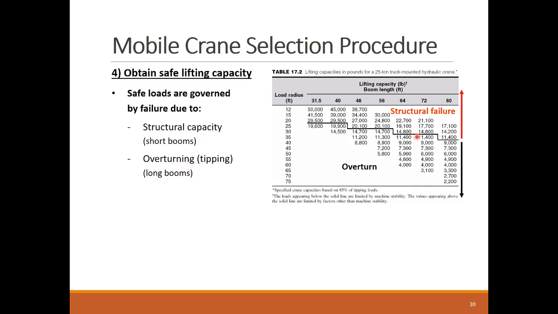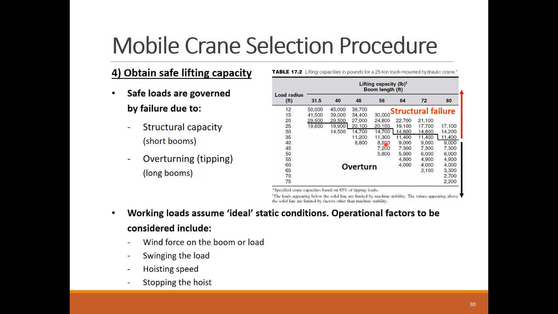This shown table differentiates the 2 failure types using a bold line, so the crane operator can understand the potential failure type limiting the lifting capacity. The shown capacities are for ideal conditions, and the operator should consider applying adjustment factors to account for adverse work conditions like wind and the dynamic impacts of load swinging and hoist stoppage.